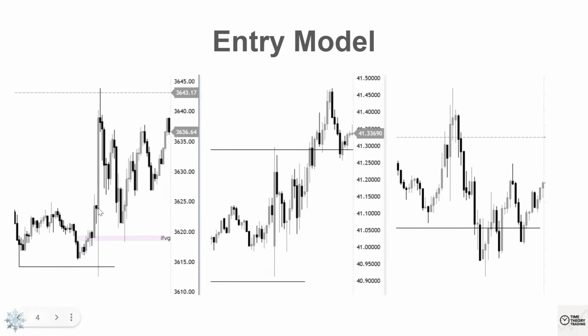This was a news event, I believe CPI or unemployment, one of the two. We had a news event that pushed price higher. We had a retracement, and the retracement brought us into this inversion fair value gap. Entry here, first target would have been here, and the second target would have been that previous day's high.